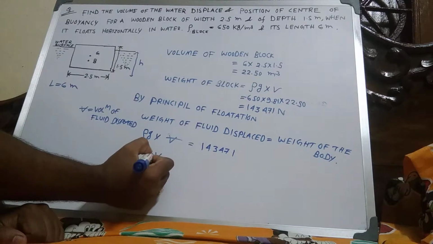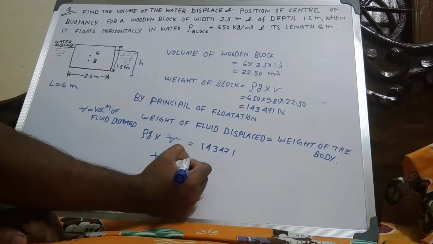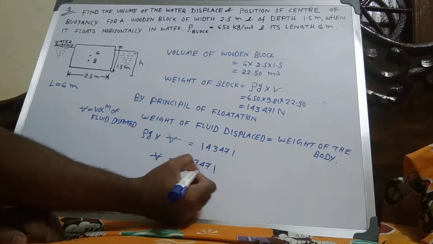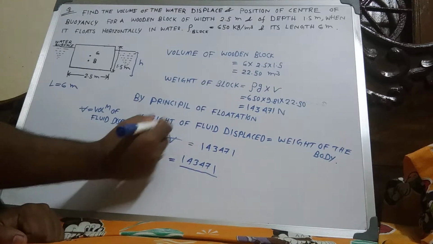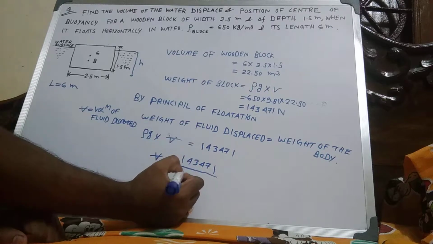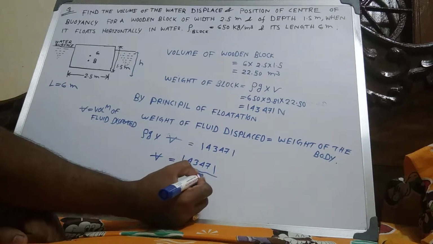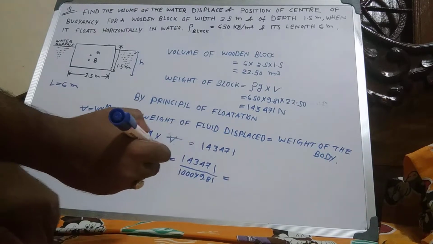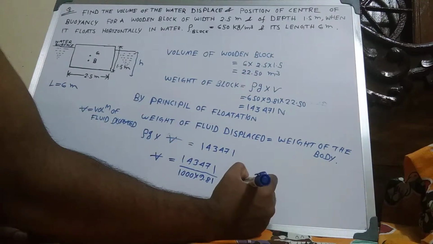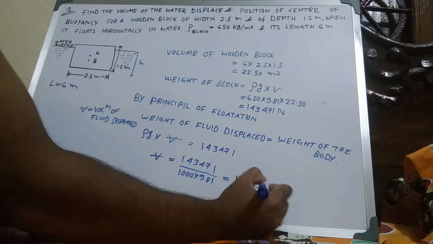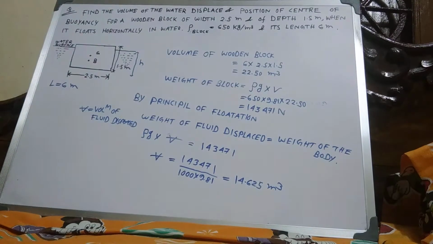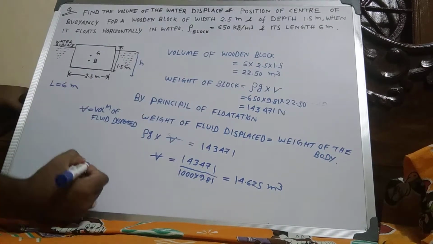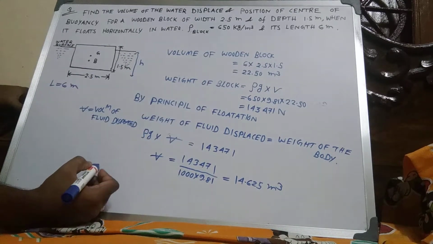So volume of fluid displaced equals 143471 divided by the weight density of the fluid, which is water, 1000 into 9.8. The value is 14.625 meter cube. Now this is the volume displaced.